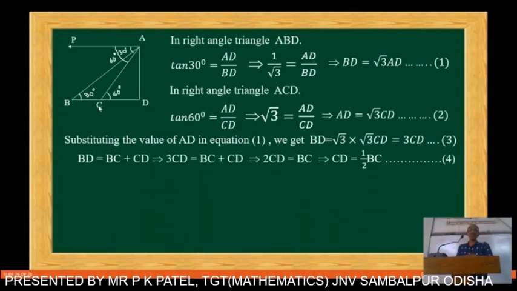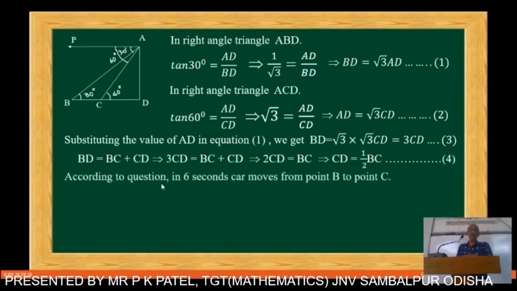So BD can be written as BC plus CD using the figure, and here BD is 3 CD, so 3CD equals BC plus CD. So 2CD, that means transfer this CD to the left hand side. 2CD equals BC and CD equals half BC. Here we observe CD is half of BC.